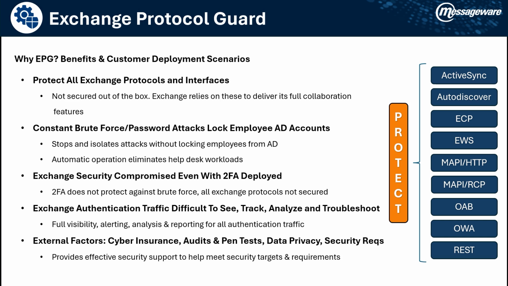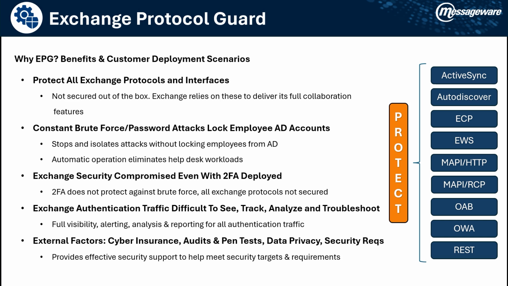These attacks come in various volumes, appear and stop at random, and can strike without warning. The problems are significant. They tie up your help desk, frustrate employees trying to log in, and in some cases these attacks can become very large and go on with no end in sight. Even with 2-factor authentication deployed, gaps remain, particularly against brute force attacks. Combining 2-factor authentication with EPG is a strong choice to close a number of additional attack vectors.